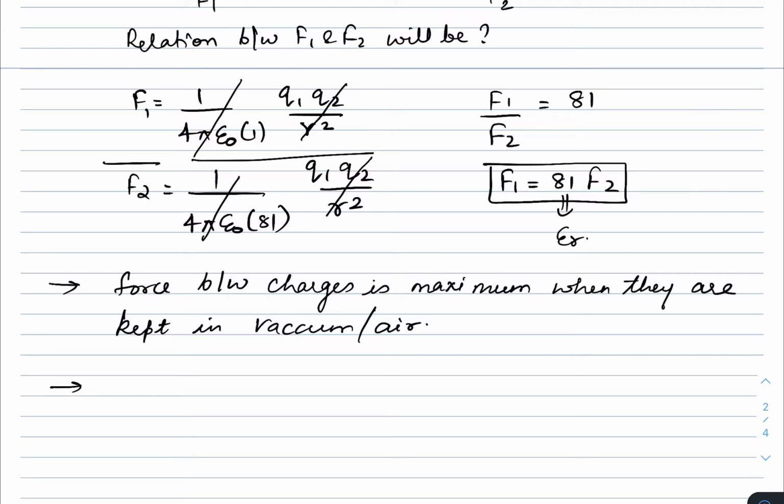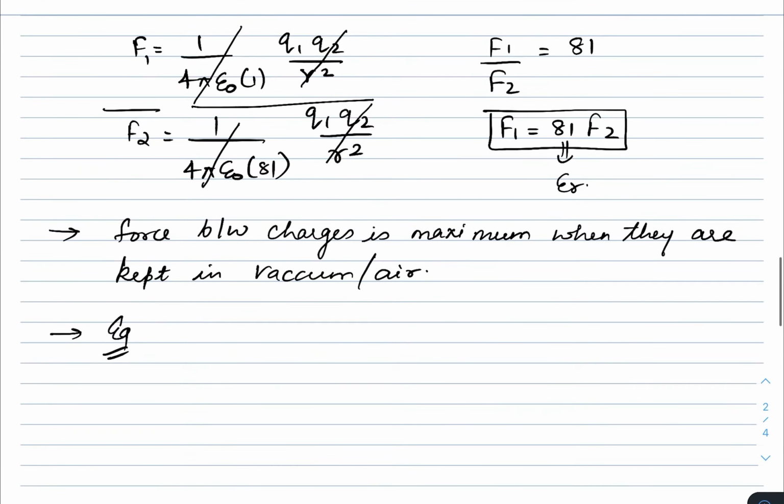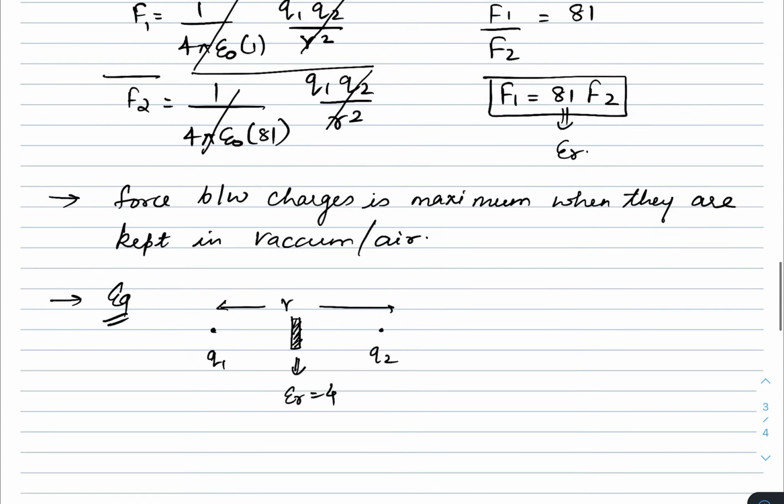Okay, let us take another example. Say I have two charges, Q1 and Q2, kept at a separation R, and there is a thin film of, say, epsilon R equal to 4, right? The value of epsilon R I have taken as 4. So, what will be the force between these two charges?